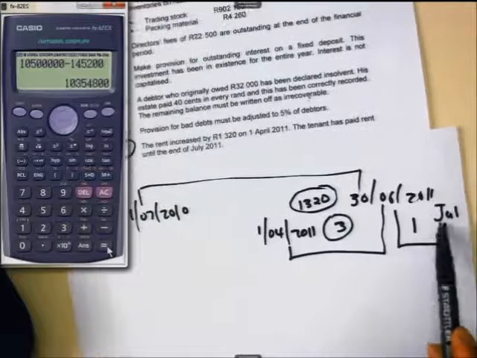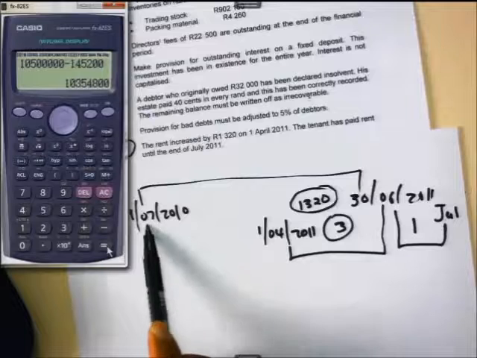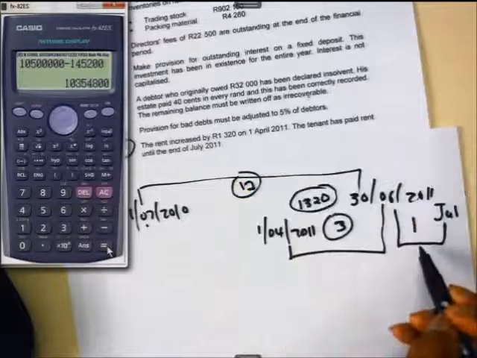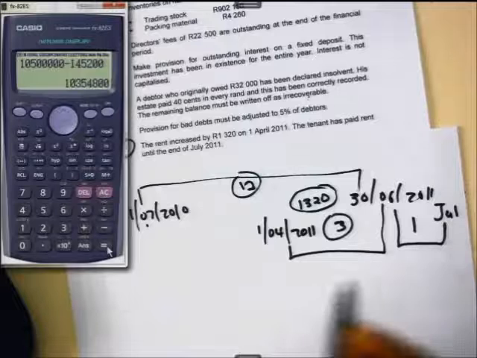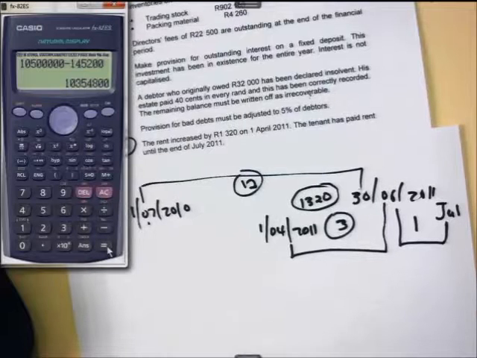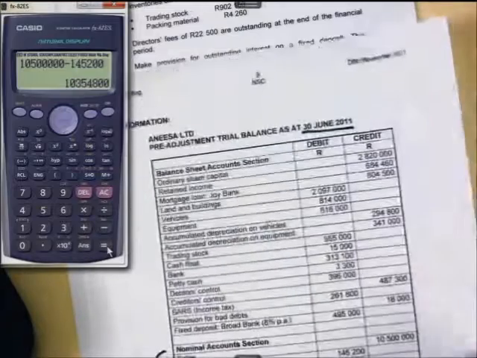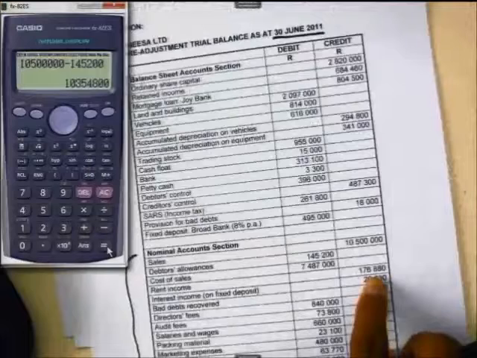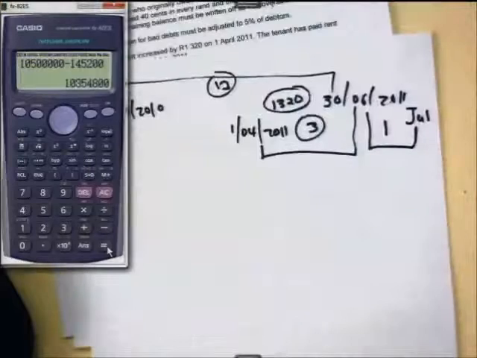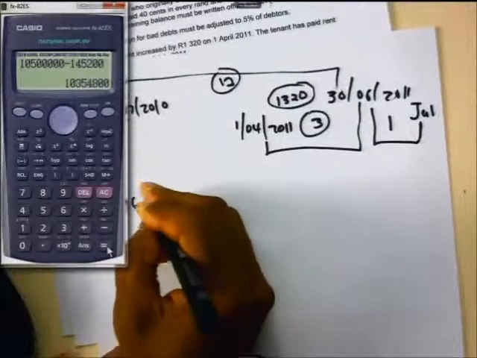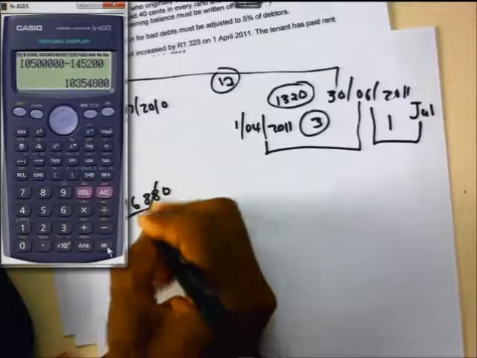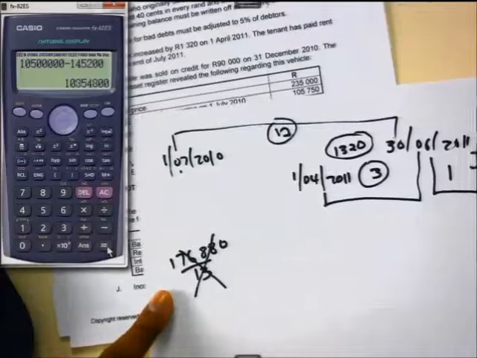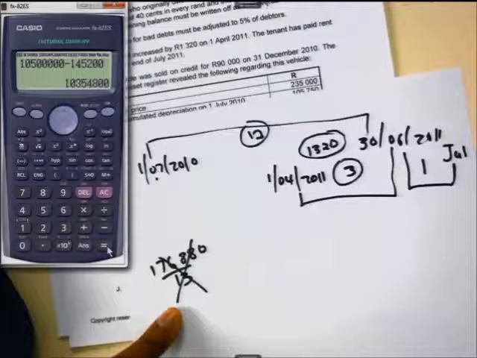If the July rent was also paid, it is 12 months plus 1 month, so the rent was received for 13 months. Now if you check the trial balance, it means the 176,880 is for 13 months. But you cannot simply say 176,880 multiplied by 13 or divide by 13. It will be incorrect. Why?